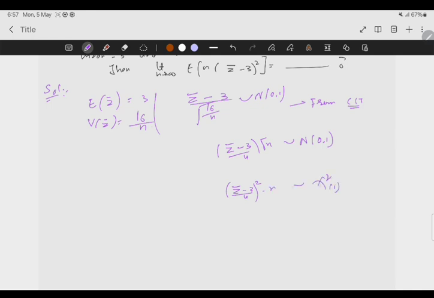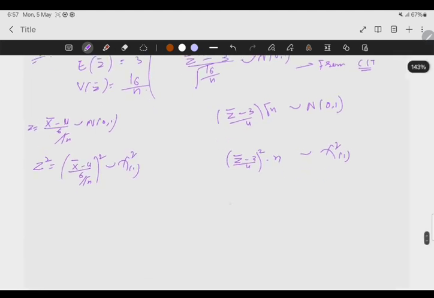Whenever X bar minus mu upon sigma divided by root n will follow normal 0, 1, whenever we square this term, let's suppose this is Z, then Z square is equal to X bar minus mu upon sigma divided by under root n whole square, which will follow chi square 1.